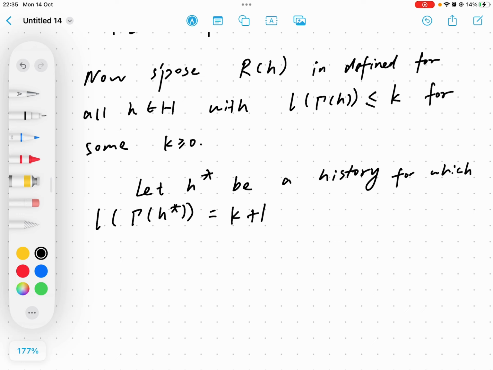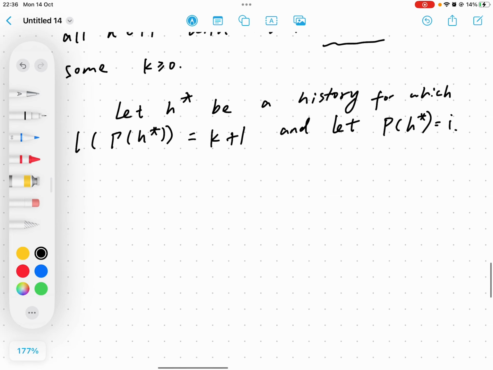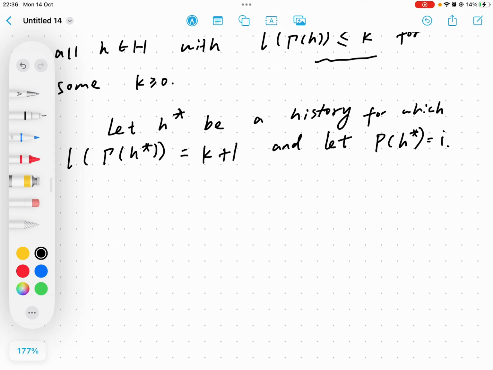So in this case, this length is one longer than K, but the maximum here with this H would be just K. So that's the difference. And also let P(H star) be the player whose turn it is to move, player i. Those are just some definitions. Okay, so far.